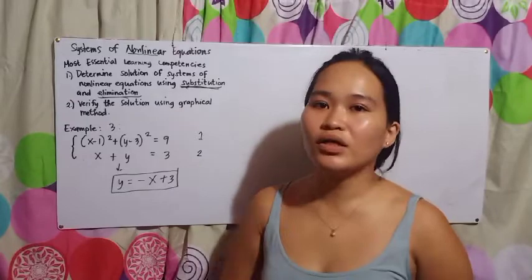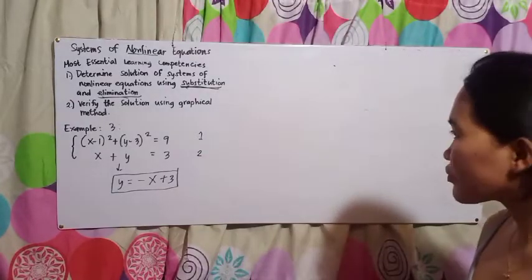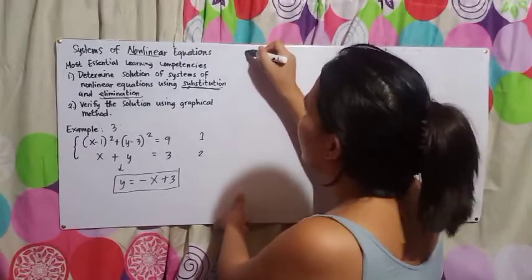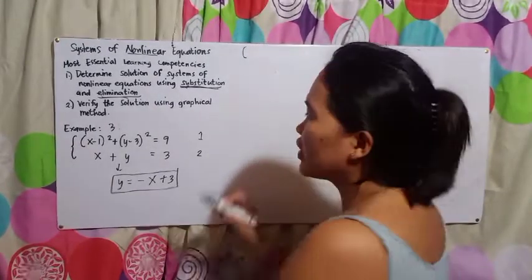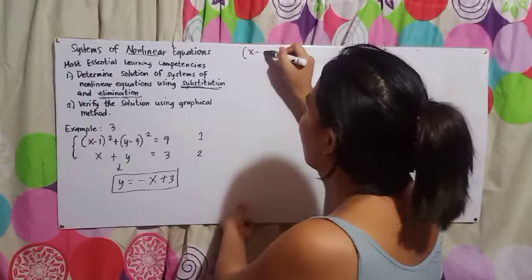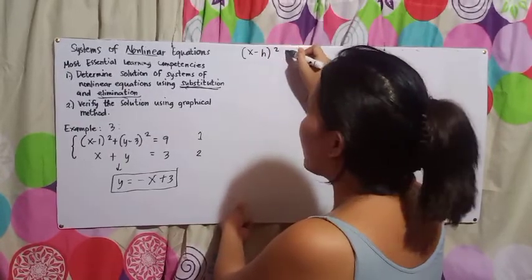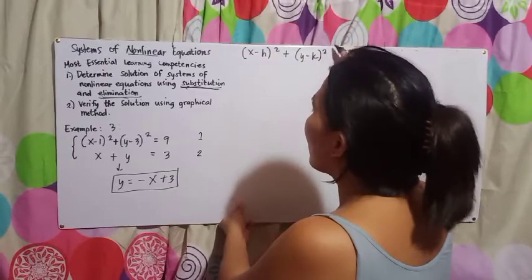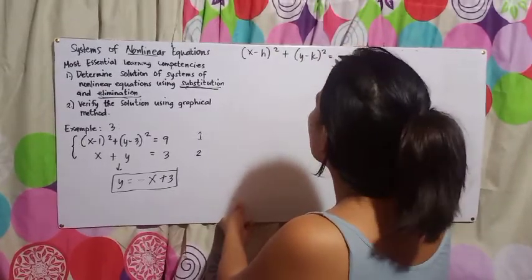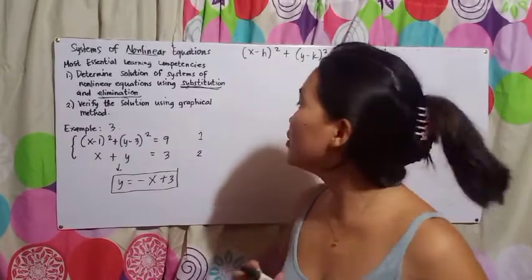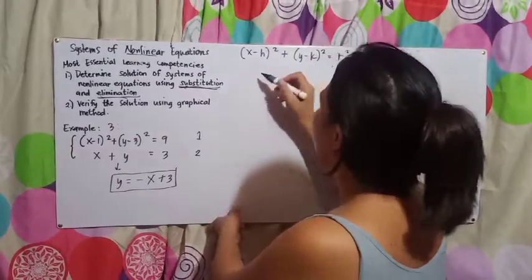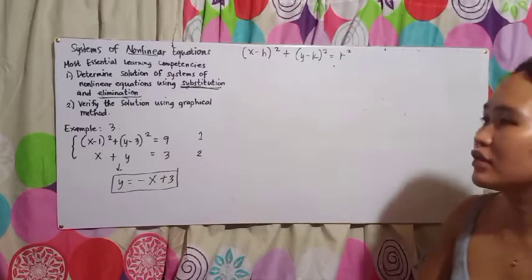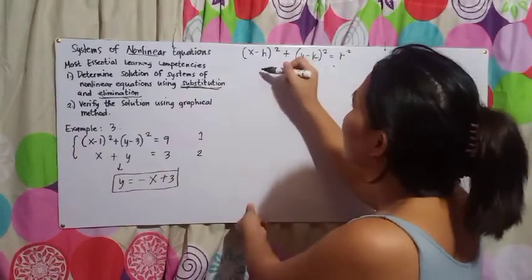Okay, since ang equation 1 is circle, ang general form sa circle kay x minus h squared plus y minus k squared equals r squared. So, mao ni ang general equation sa circle.